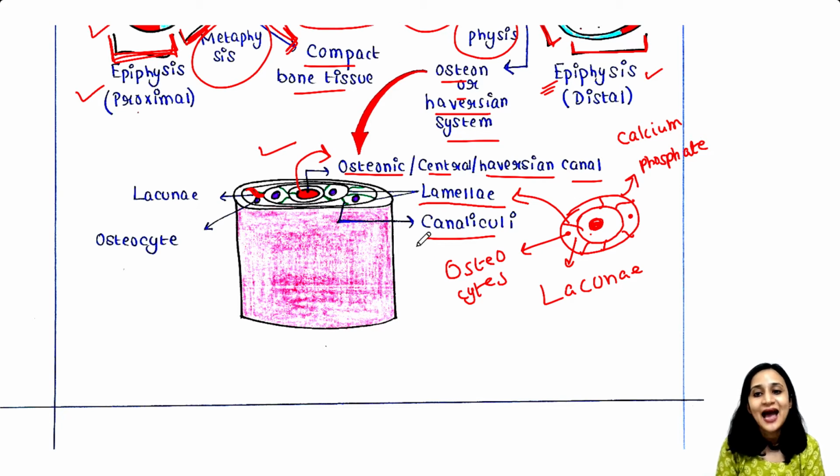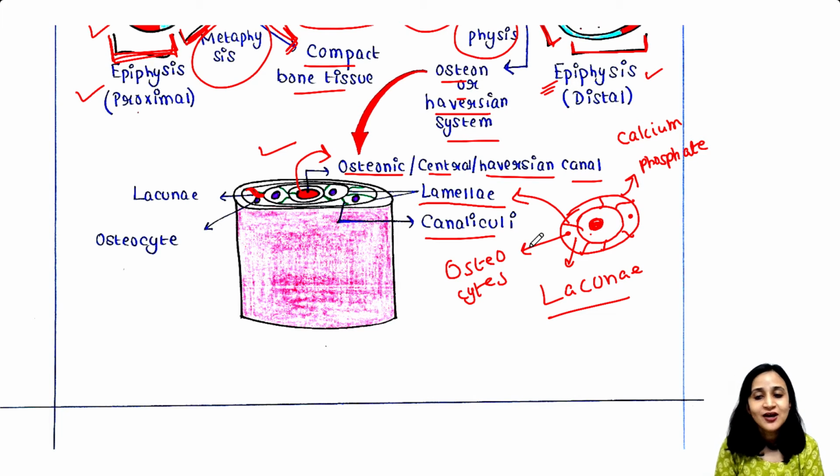Canaliculi, they are some canal-like structures, and these canals are joining to the central canal. So these canaliculi they are coming from the lacunae and they join to the central canal.